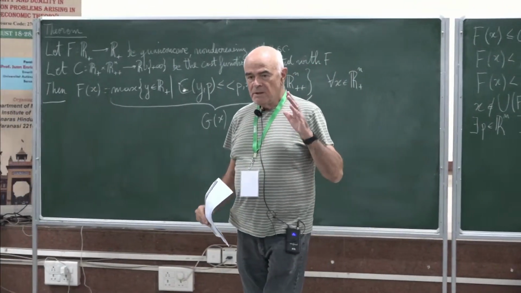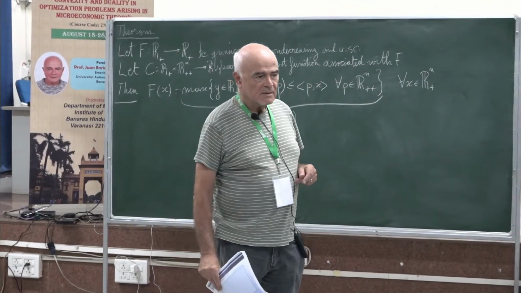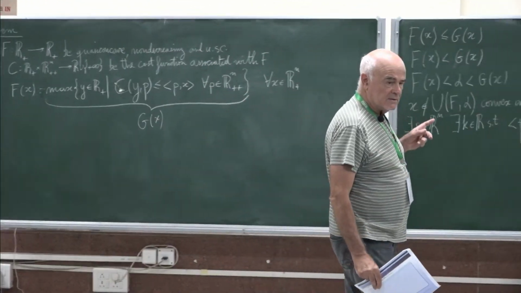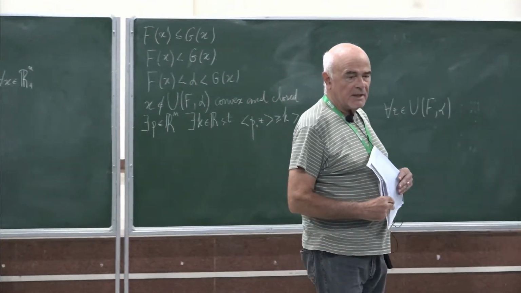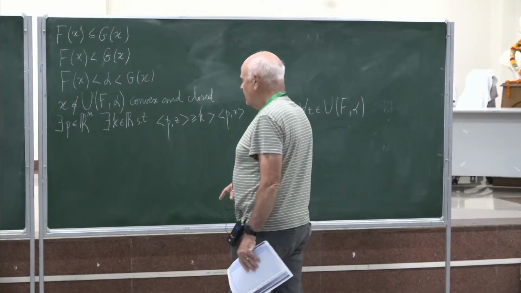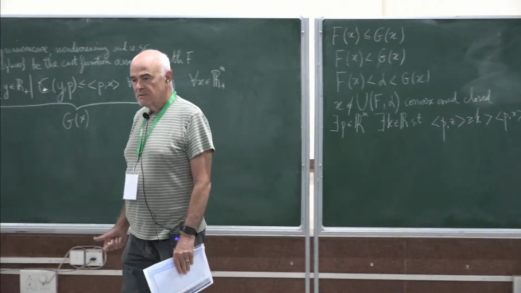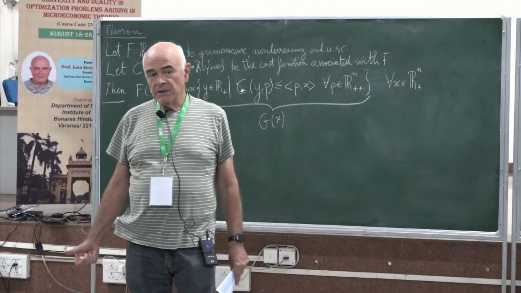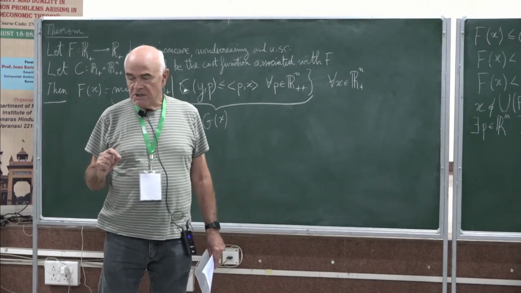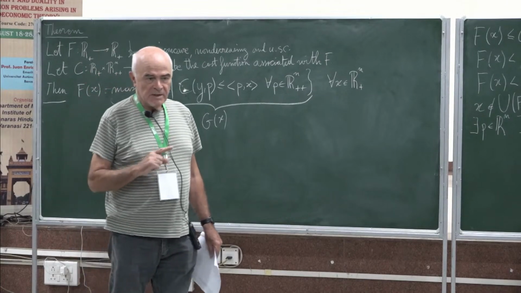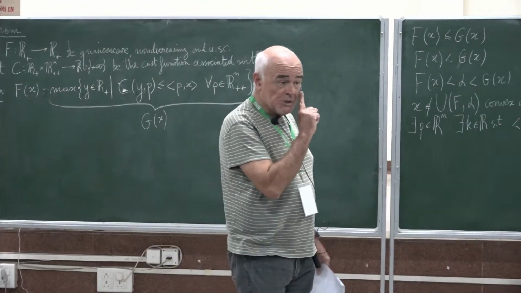Now it would be very easy for me to tell you a lie, but I will not. The lie would be that we take P as a price vector, but a price vector is not any vector. It should be strictly positive. Okay, so let's see what we are going to see now.